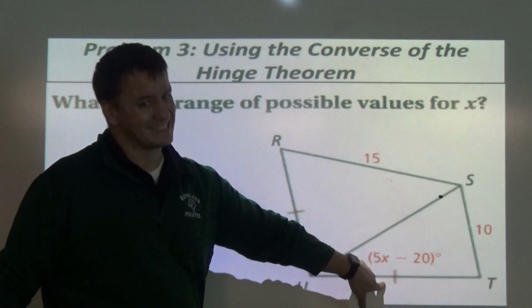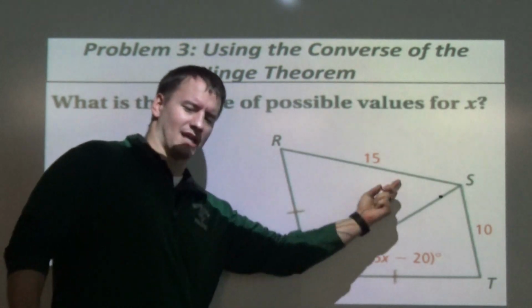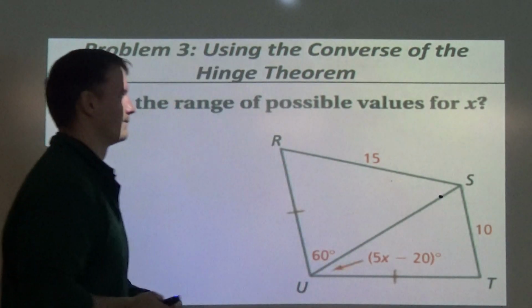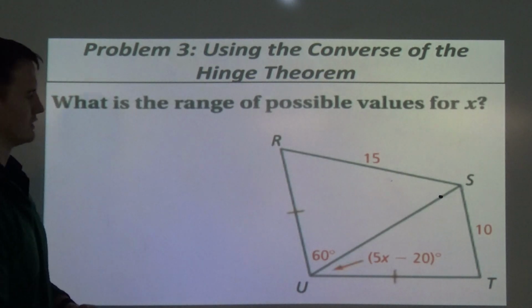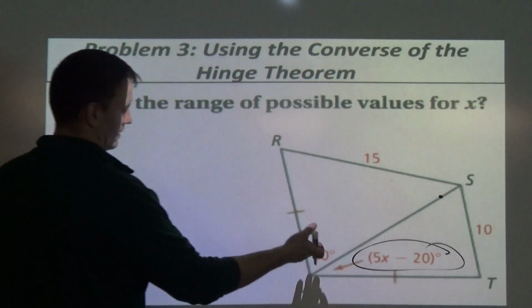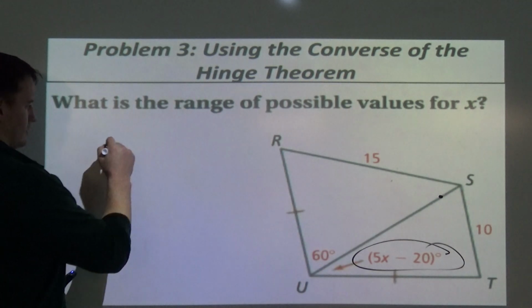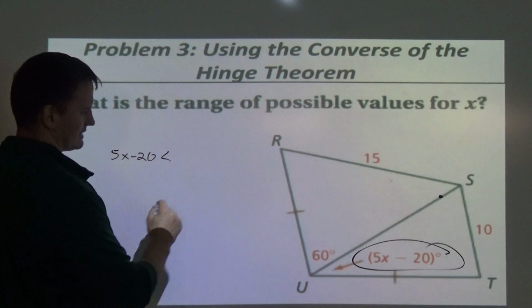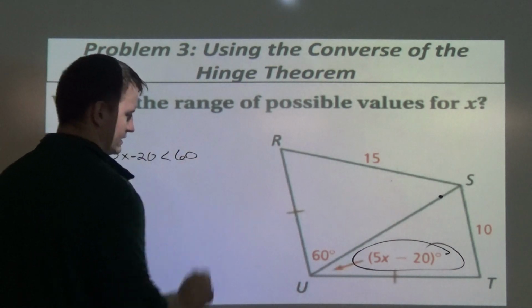Side, side, common side. So these are the two angles we're talking about. What are the values for x? This needs to be less than 60, so 5x minus 20 is less than 60.